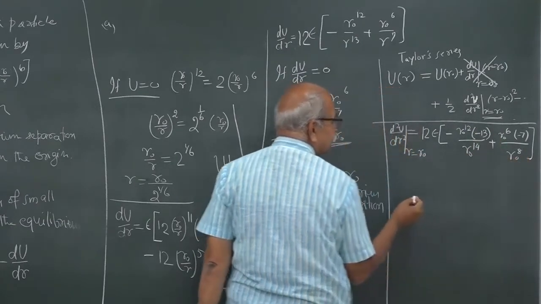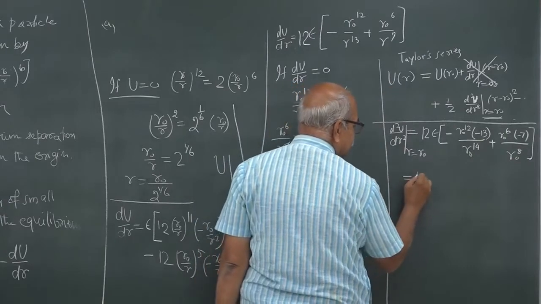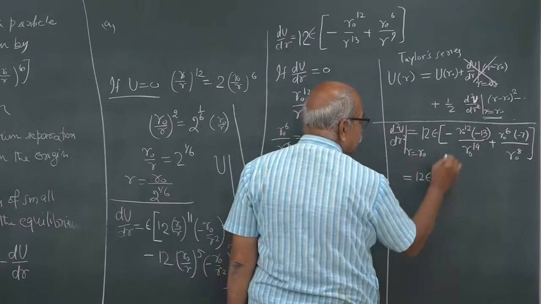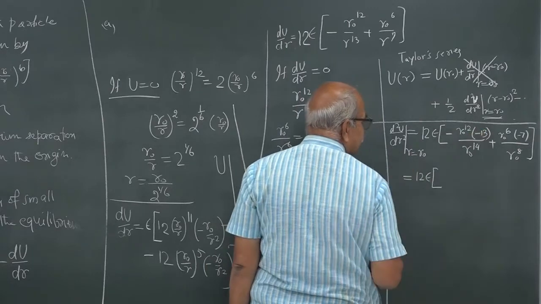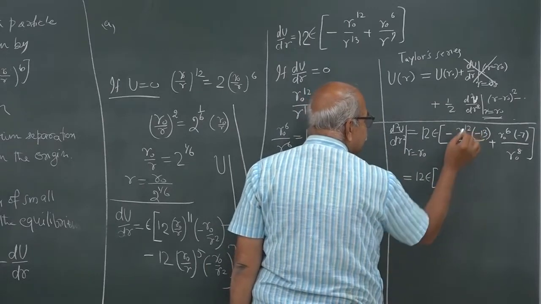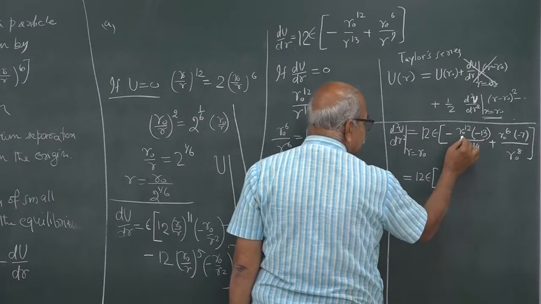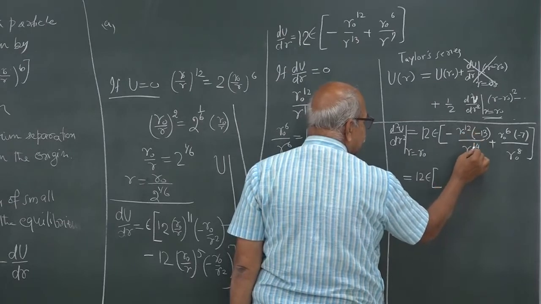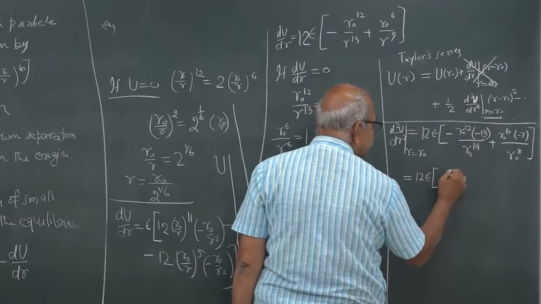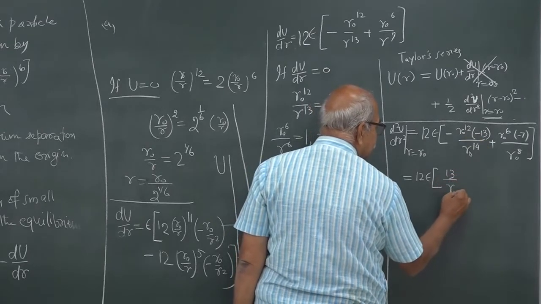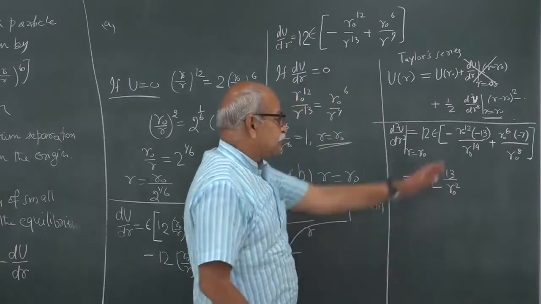Then it is 12 epsilon, this minus and this minus is plus, r naught to the power 12 divided by r naught to the power 14. So, it is r naught to the power 2. So, it is 13 divided by r naught square, the first term.